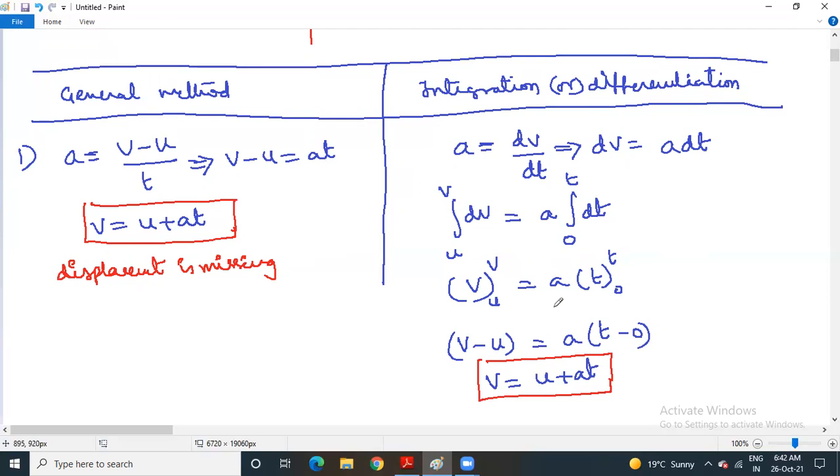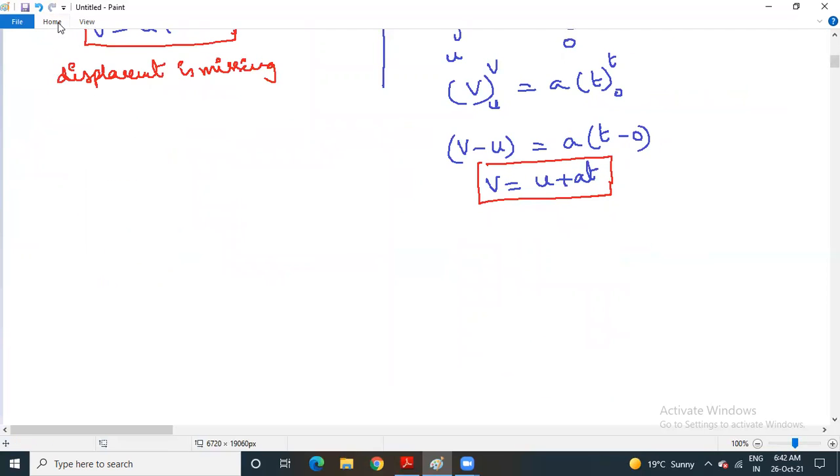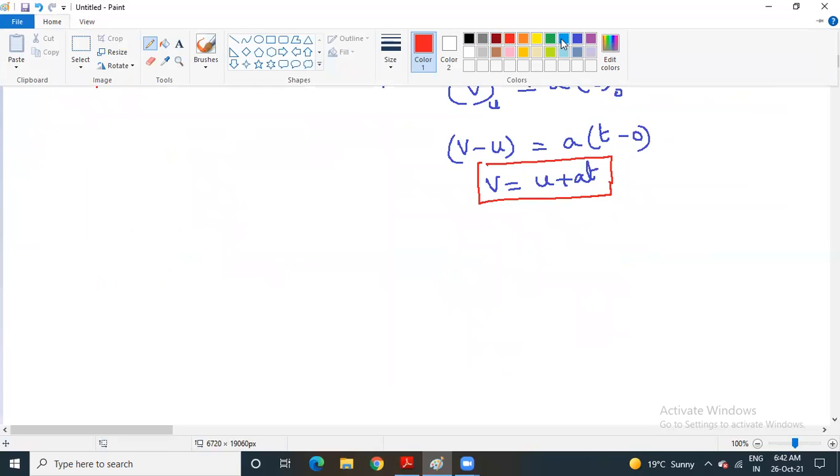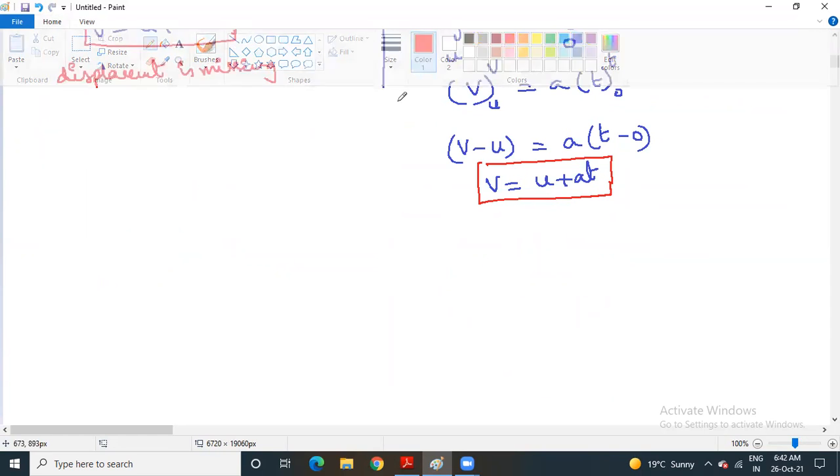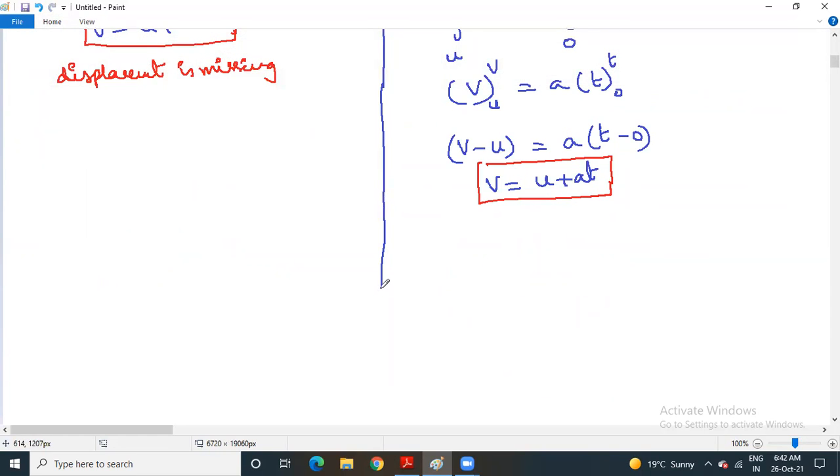Now let us derive the second equation of motion first in the process of integration. Next I'll show in the process of general method. The second equation of motion. Let us say acceleration is equal to, once again, dv by dt.